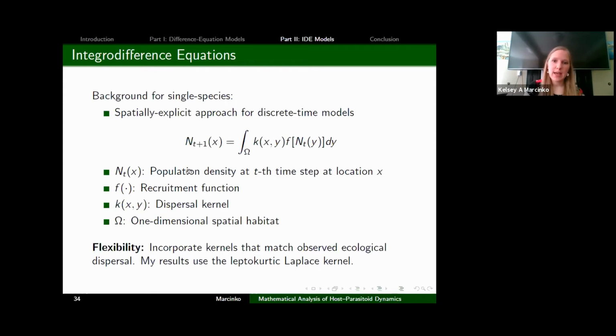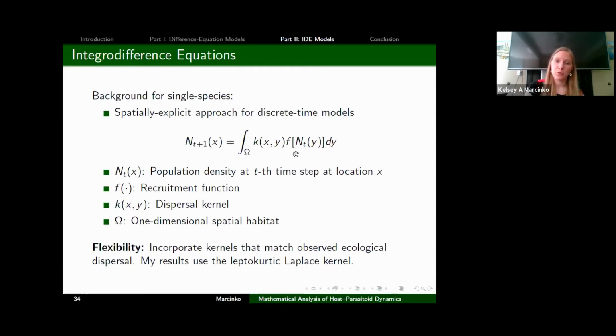So these models take the form of looking at the population density of, say, the host at a spatial location x, and that at time t+1 is determined by some stationary population dynamics that occur for the previous population, and then after those stationary dynamics occur, the population undergoes dispersal.